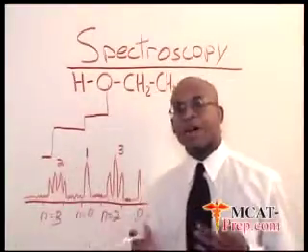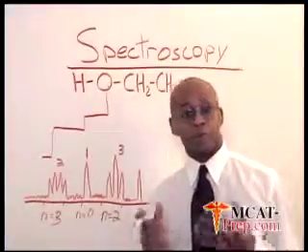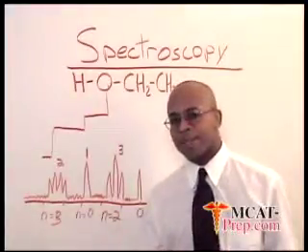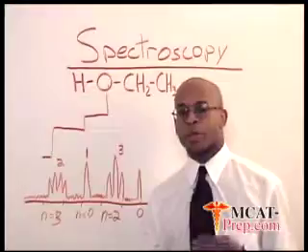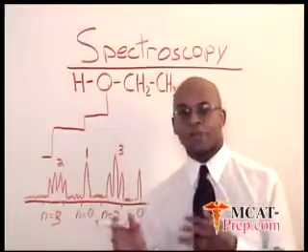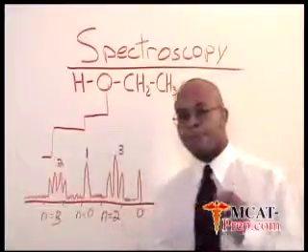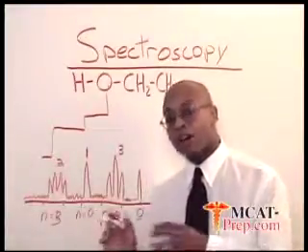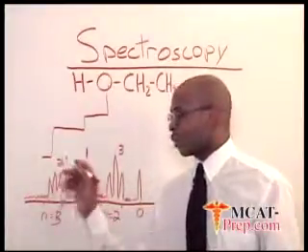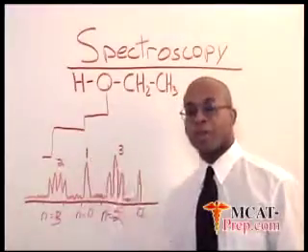Now, the relative areas under the curve are very important because they provide us with the relative number of hydrogens in the compound. So the fact that we have 2 to 1 to 3 means that in our compound there are relatively 2 to 1 to 3 hydrogens.